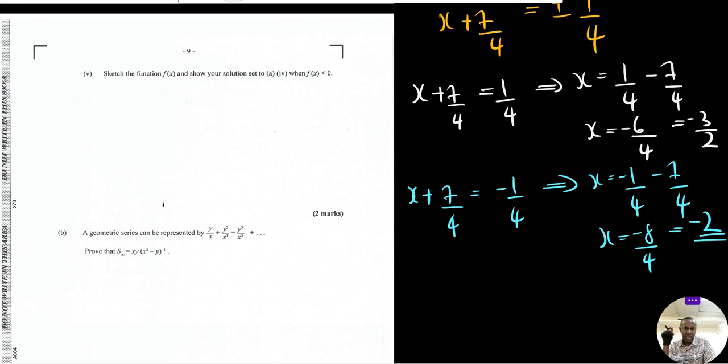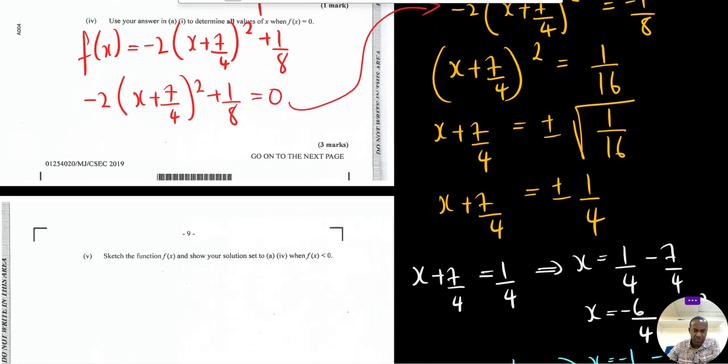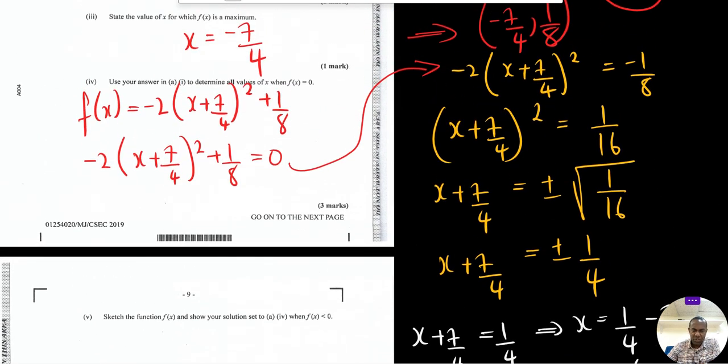Now it says sketch the function f of x and show your solution set to A4 when f of x is less than 0. So we know for a fact that the graph is going to be a maximum because a is negative. And of course, we can determine the y-intercept as well. We know the turning point already.